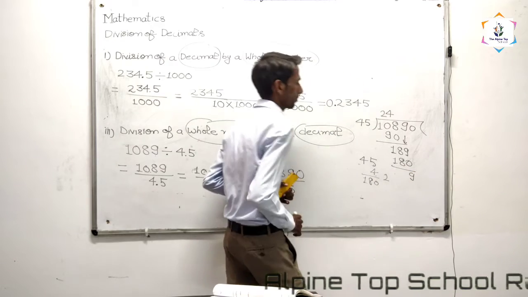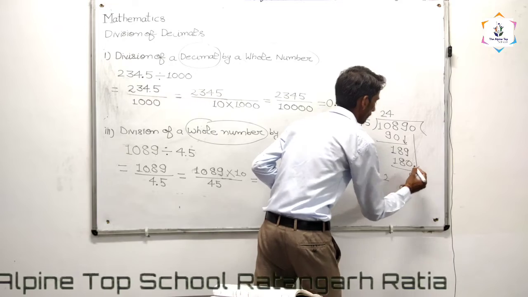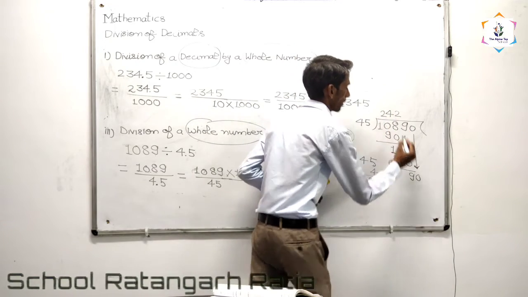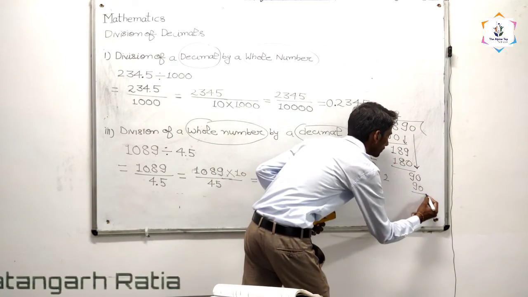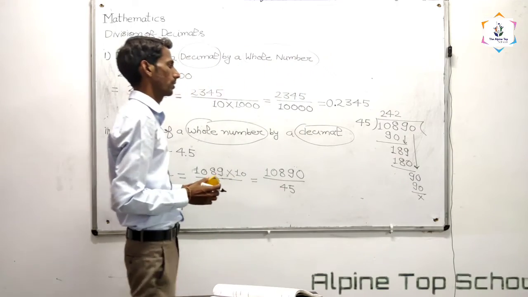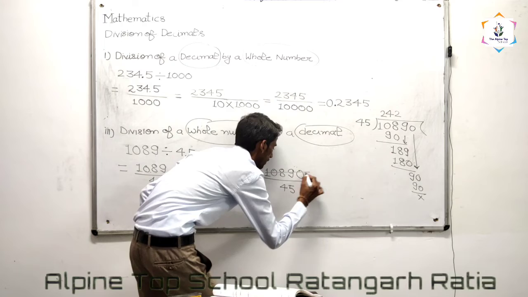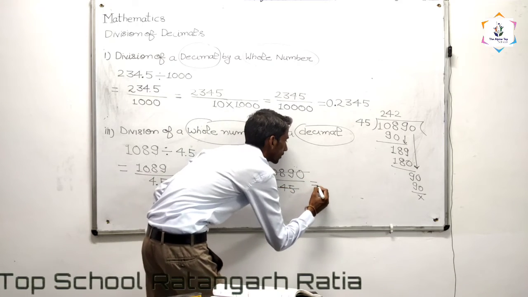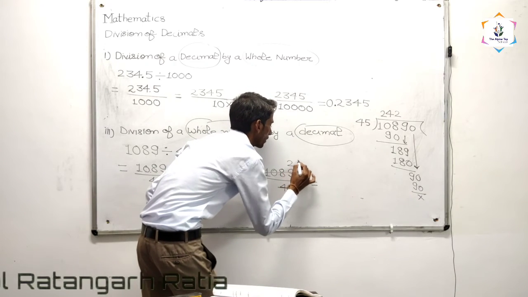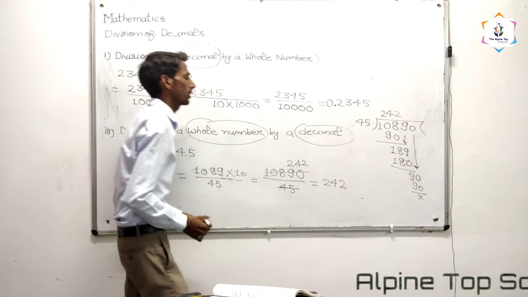When you subtract 0 from 9, you will get 0, 0 comes down. Okay, 45 twos are 90, we know. Okay students, in the rough we have performed. It means when you divide 10,890 with 45, you will get 242, and the final answer is 242.